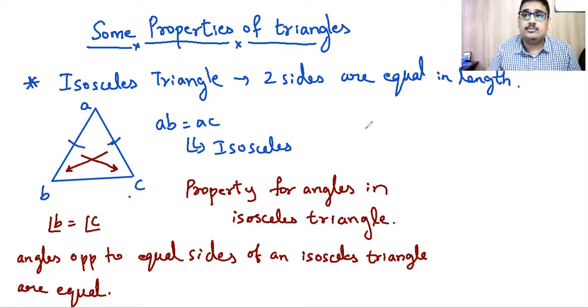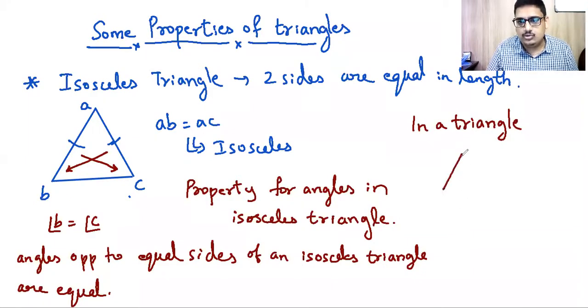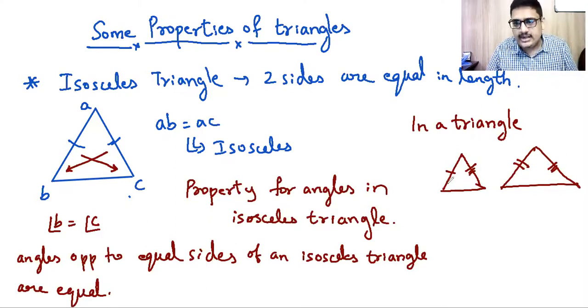Here comes a very important point which I would like to highlight, students. In a triangle, supposedly I gave you two triangles like this, and I said this side is equal to this side and this side is equal to this side. Then it doesn't mean that the angles are equal by default. Remember this, because the sides belong to different triangles. What I would like to clarify is that the rule that angles opposite to equal sides are equal is applicable in a single triangle.